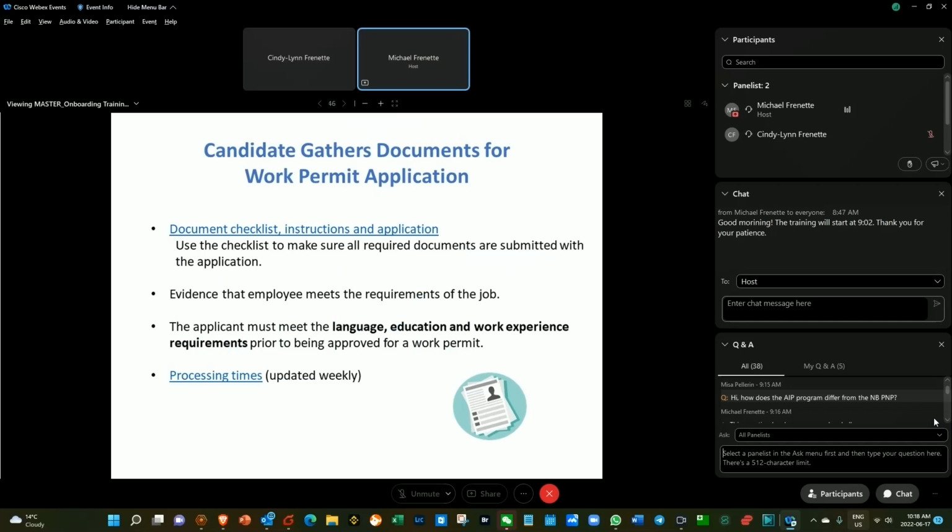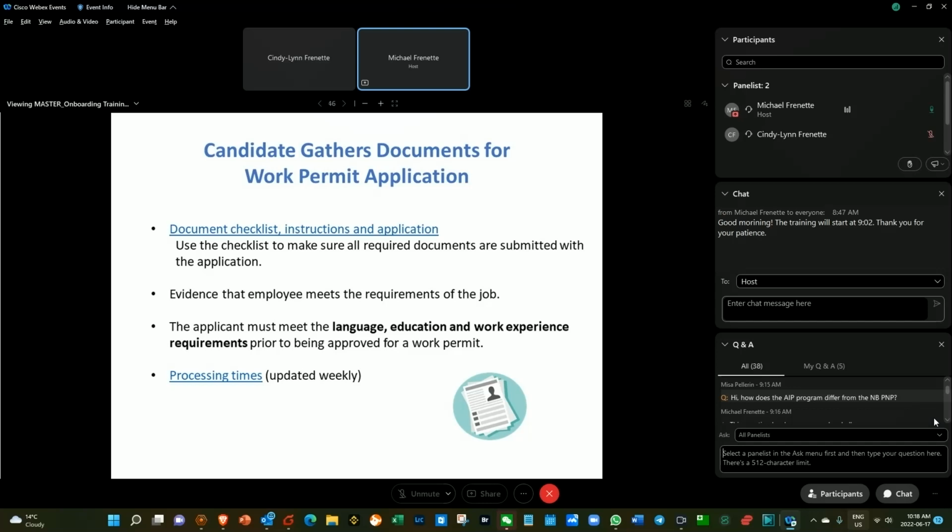Similar to permanent residency, your candidate is responsible for gathering their documents and submitting their work permit application online to IRCC. They can refer again to a document checklist and instruction guide to ensure that they submit all the required documents with their application. Your candidate will have to provide sufficient proof that they meet the job requirements, in other words, that they are eligible for the job.